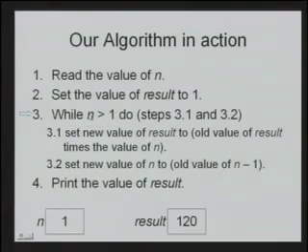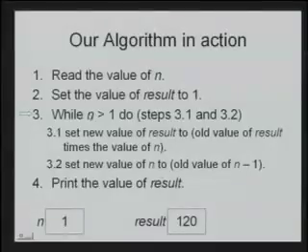Now when we test whether n is greater than 1 or not, we conclude that n is not greater than 1, because indeed n is equal to 1, and therefore this condition is no longer satisfied. And therefore the steps 3.1 and 3.2 will not be executed now. We'll straight away come to step 4, which is to print the value of the result, and once we do that, the output is the value of the result, which of course is 120, and which of course, as you know, is the factorial of n.